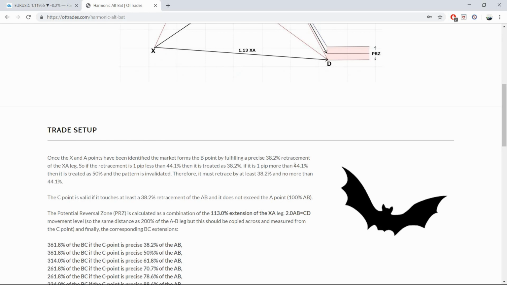Exactly halfway between those 2 points is the 44.1%. So if the retracement is 1 pip less than 44.1%, then it is treated as 382. Therefore, it's a precise 382 retracement. If it's 1 pip more than 44.1%, it's treated as 50%, and the pattern is invalidated.